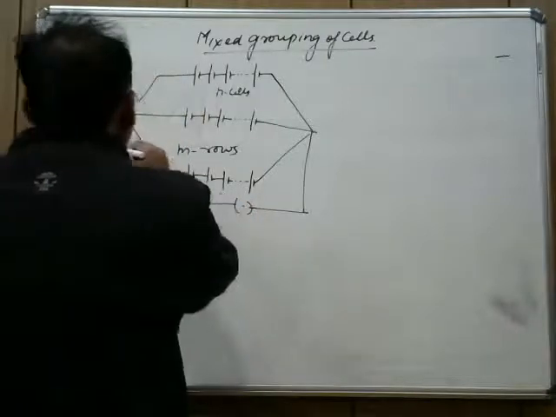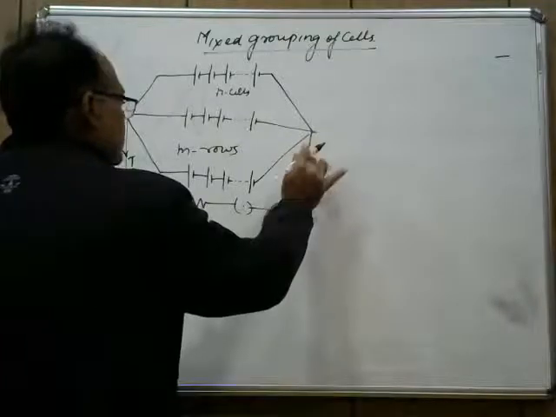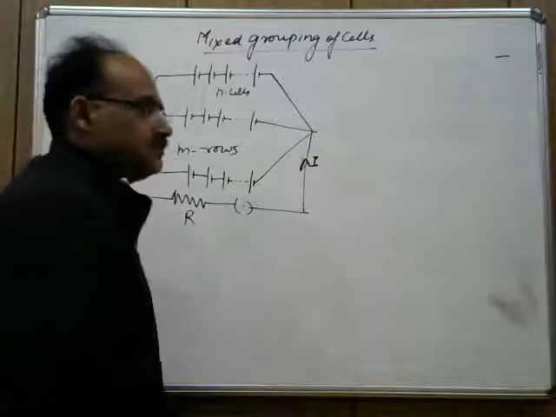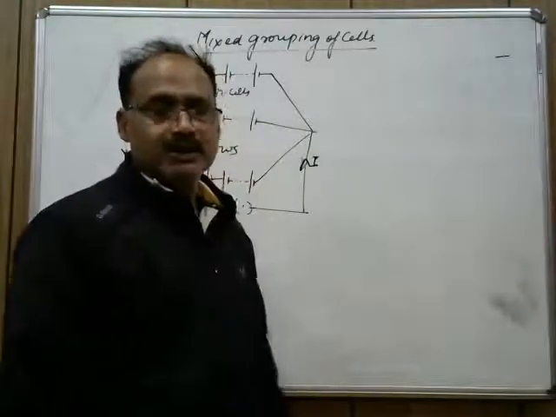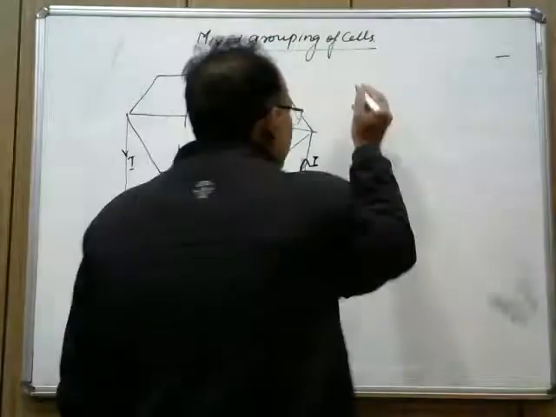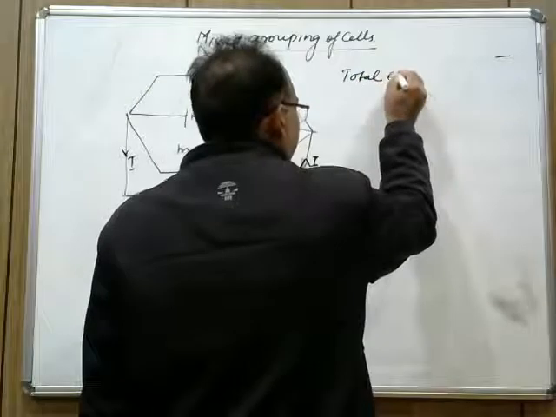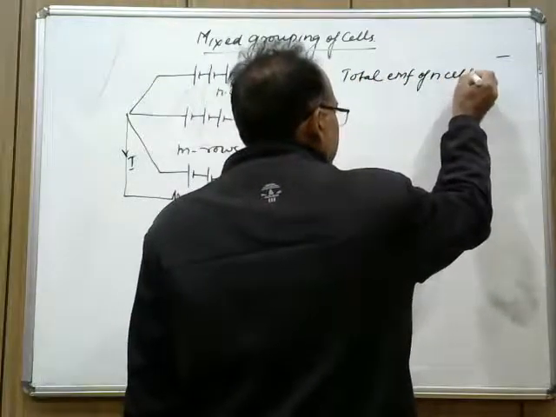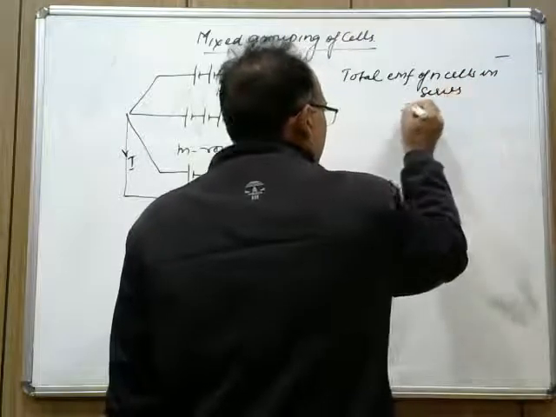Now, if you consider this combination and current I is coming through it, then we can find the expression of current by finding the total EMF and total resistance. First, the total EMF of n cells in series is equal to nE.